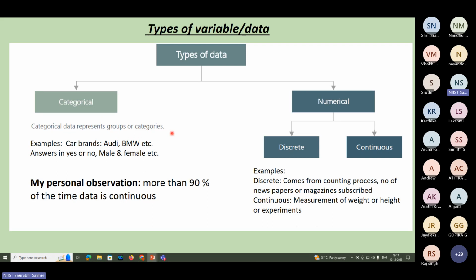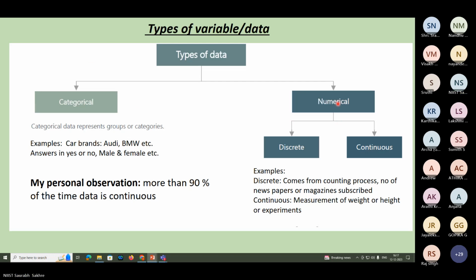Examples are car brands, Audi, BMW, etc. Sometimes if you are doing a survey, it's answering yes or no. And if you are doing a population survey, male or female. This kind of data comes under categorical data, because I'm categorically saying that this many are female, this many are male.